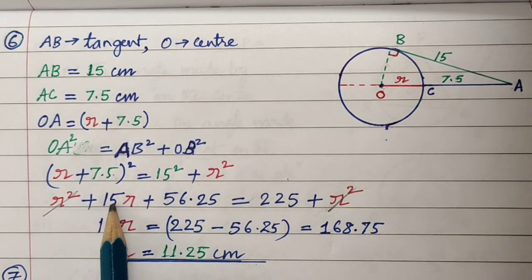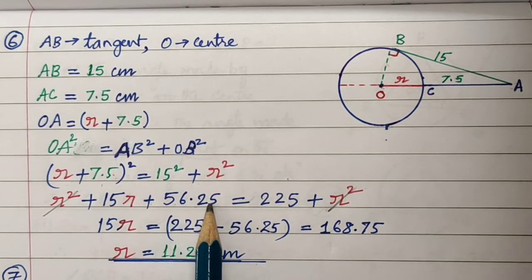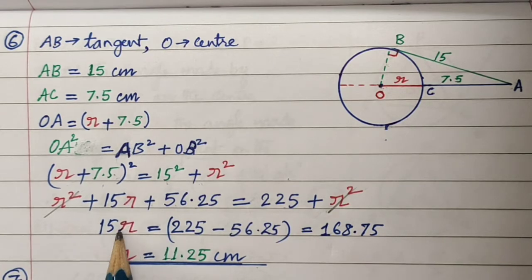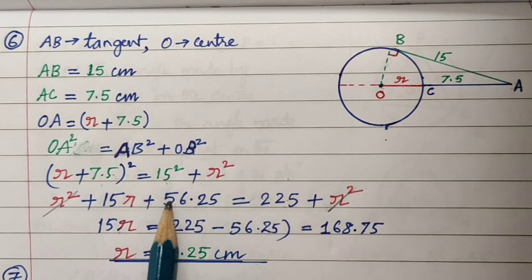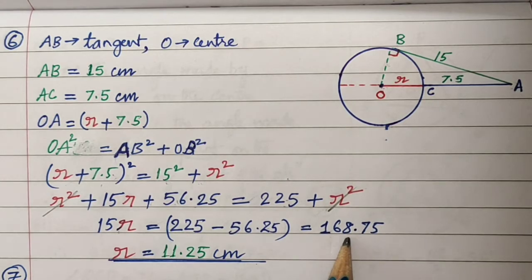R square plus 15R plus 7.5 square, which is 56.25, is equal to 15 square, which is 225, plus R square. This R square got cancelled. Therefore 15R is equal to 225 minus 56.25, that is 168.75. Therefore R is equal to this divided by 15, which we got as 11.25 centimeters.